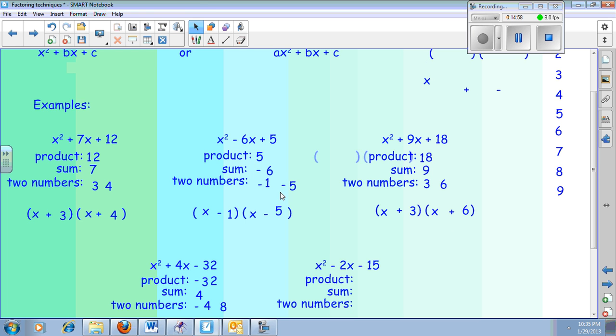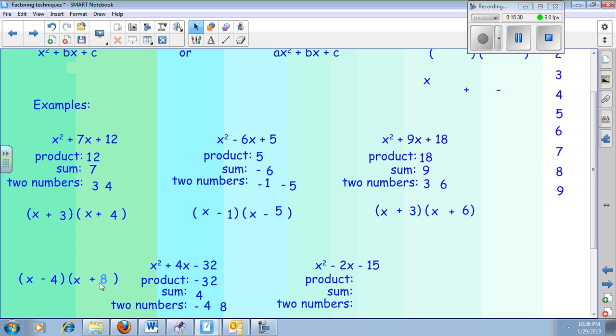So bring down our parentheses, put our x's to start. That gets kind of routine, and that's kind of why we practice. We build routine. And then we're going to take our numbers. We're going to take minus 4, because we had a negative 4 as one of the numbers, and plus 8, because we had a positive 8 as the other number.